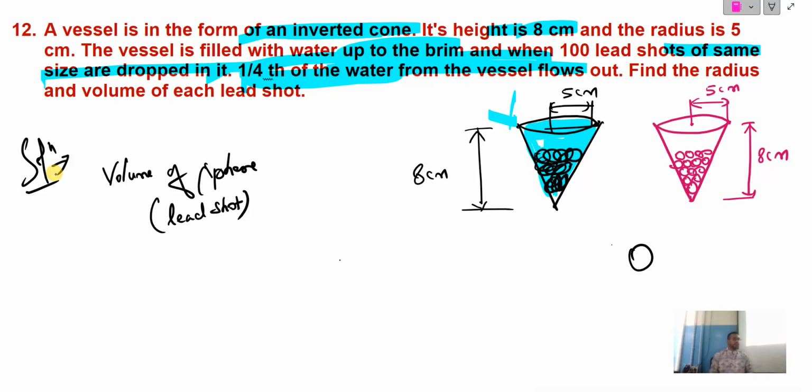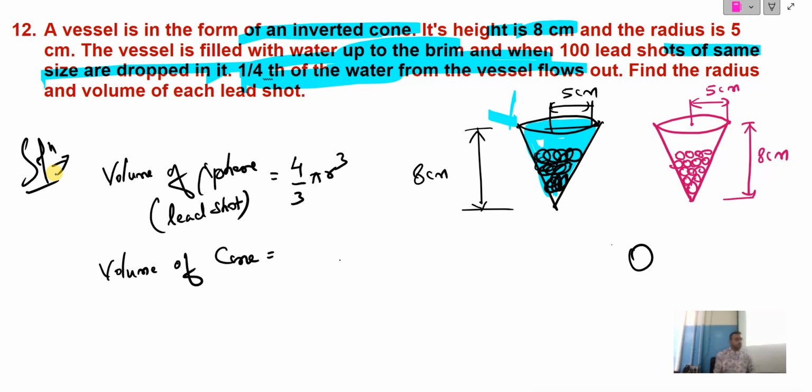The radius of the sphere is not equal to the radius of the cone. Both are different. We know the radius of the cone, but we don't know the radius of the sphere.